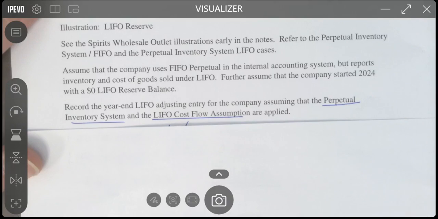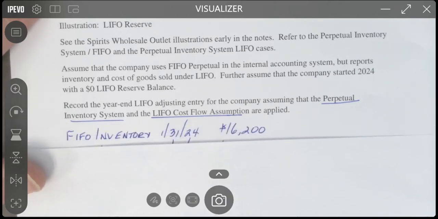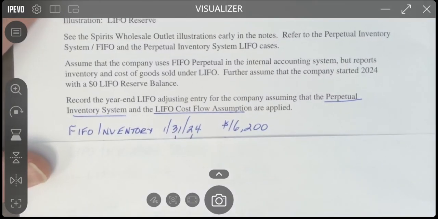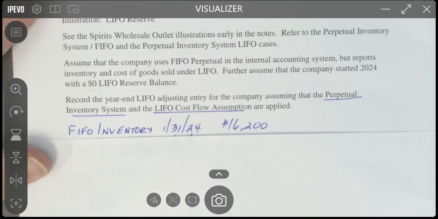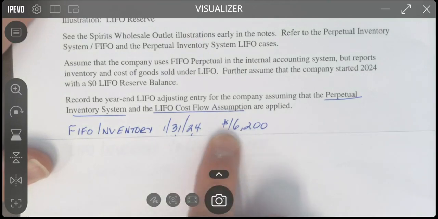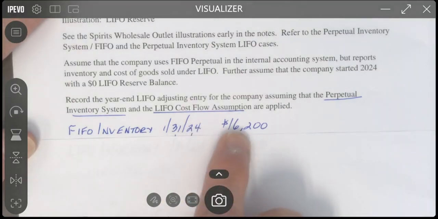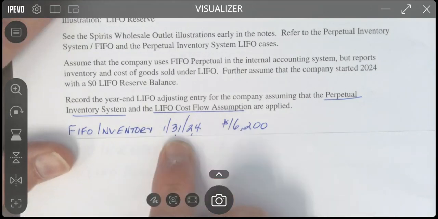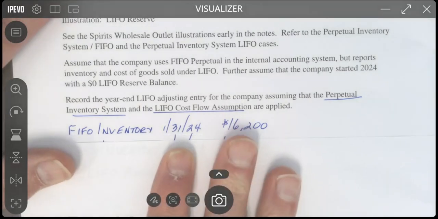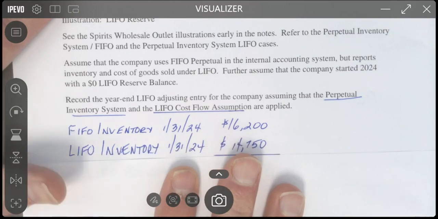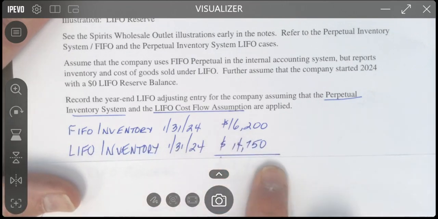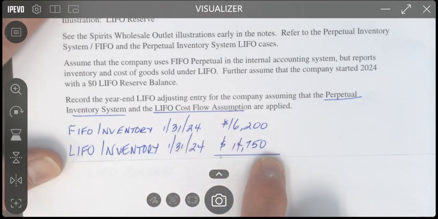All right, welcome back. Hopefully you found that pretty easy. So if you looked at your notes, FIFO inventory was $16,200. So that's what the company is using in their internal records. But then they did the work that we did to calculate LIFO inventory, and we found it was $14,750.